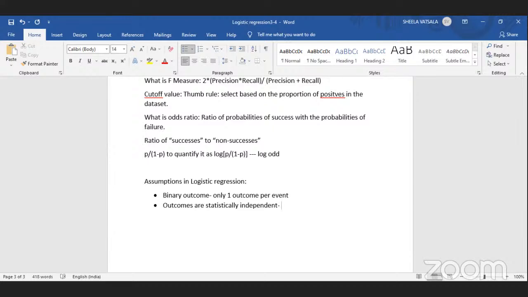Okay, there is no collinearity or correlation between the input variables.